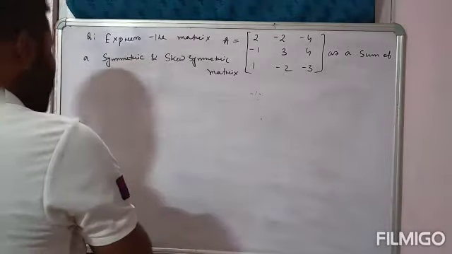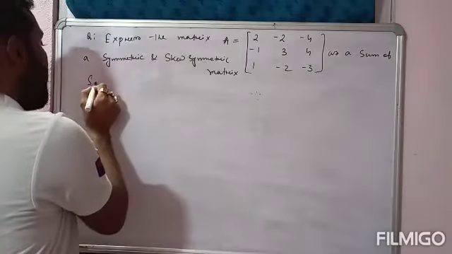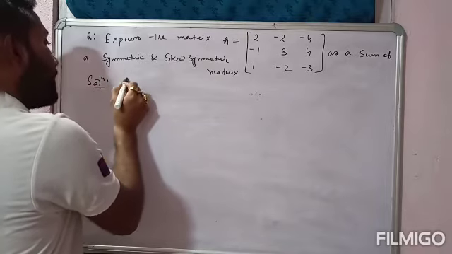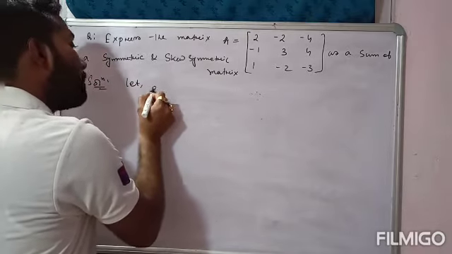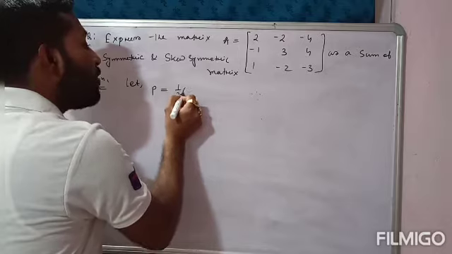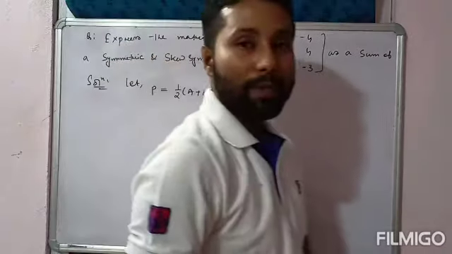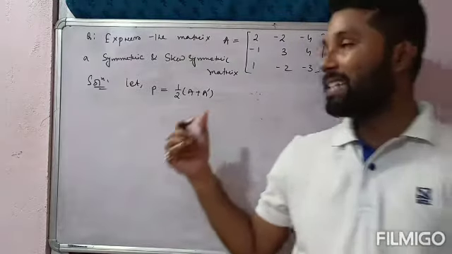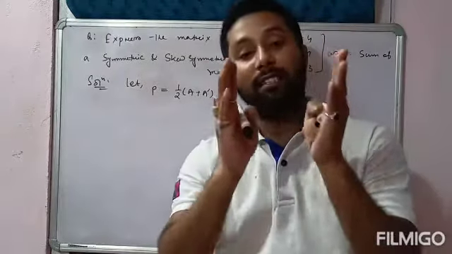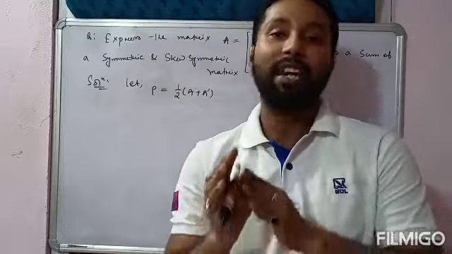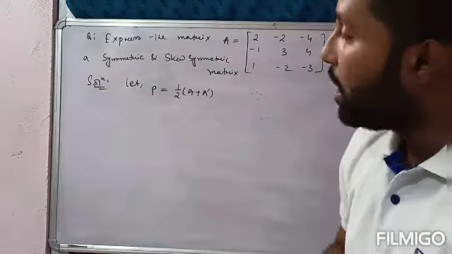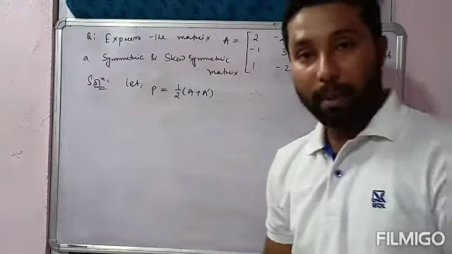So the solution: let P is equal to half of A plus A transpose. Already I have explained theorem number 2. So in that case I consider the symmetric part as P, whereas the skew symmetric part as Q. So let P is equal to half of A plus A transpose.